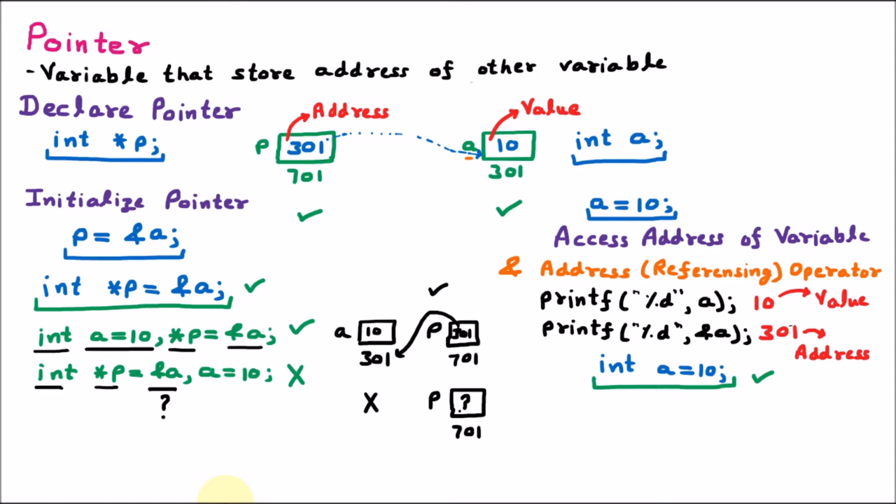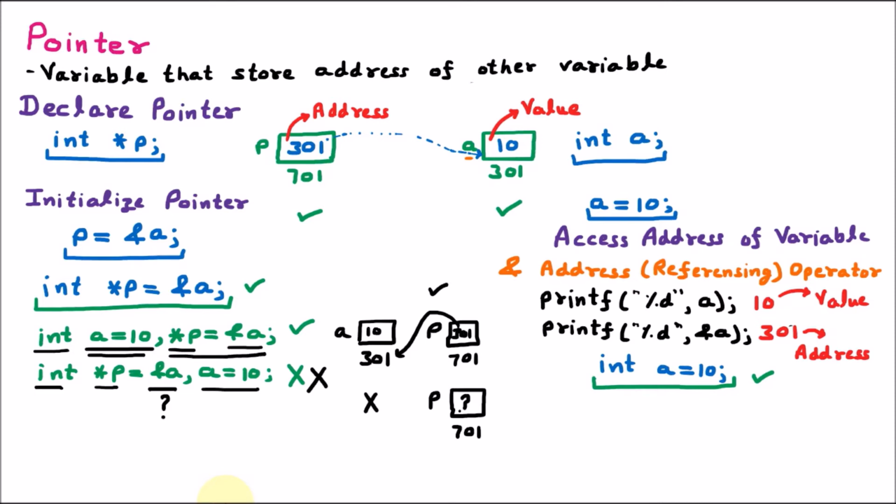Right now, there is no A. After that, we are declaring the A. So afterward A will be declared, but that will be invalid. So right now the pointer will store the invalid address. Maybe you declare the A later on, but the address will be invalid. So this statement is invalid. So whenever you are combining the statement, make sure, first of all, to declare the variable, then afterward declare the pointer and initialize it.